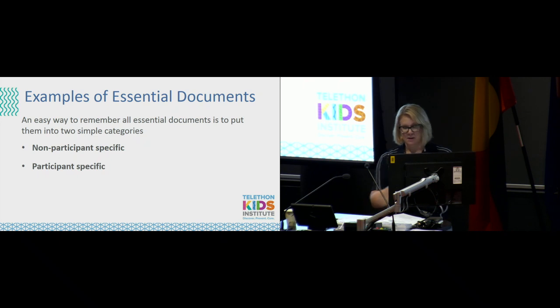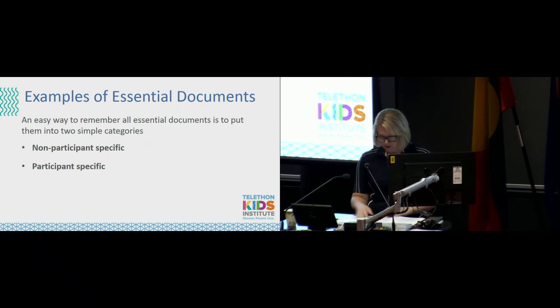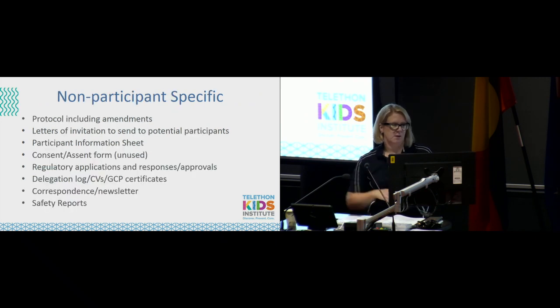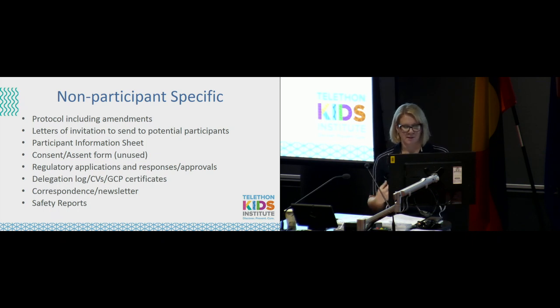We can split these documents into two areas: those that are non-participant specific, and those that are related to the participant. The non-participant specific documents include your protocol and the approved documents that have come from HREC. They don't have any patient or participant details on them.